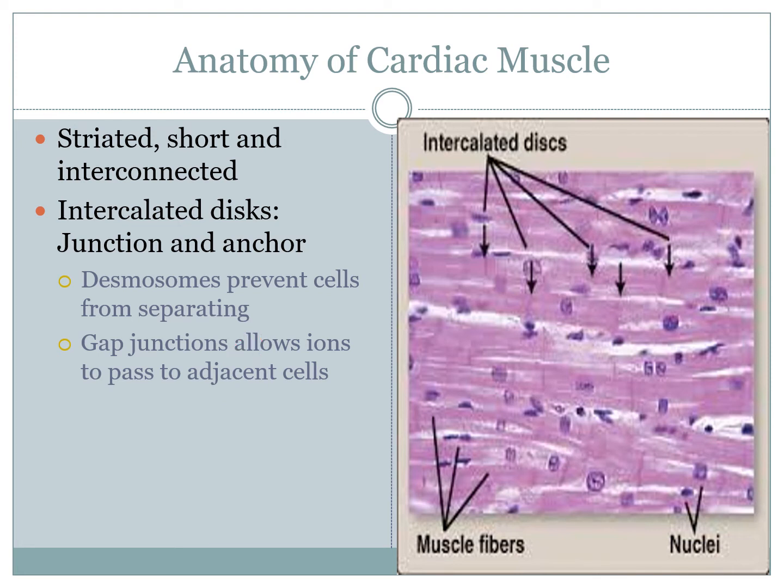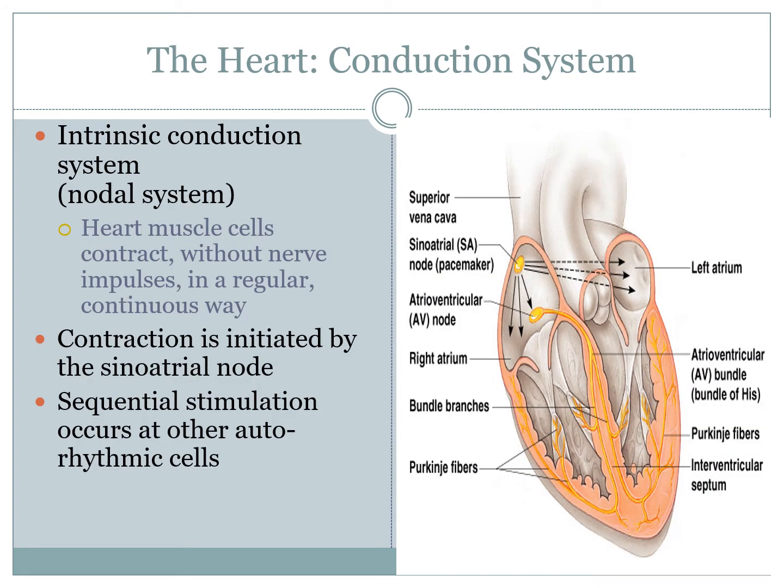Now the reason that occurs is because of these intercalated discs and gap junctions, and obviously the electrophysiology of the heart itself. So the conduction system of the heart is amazing. It's an intrinsic conductive system, also known as a nodal system.